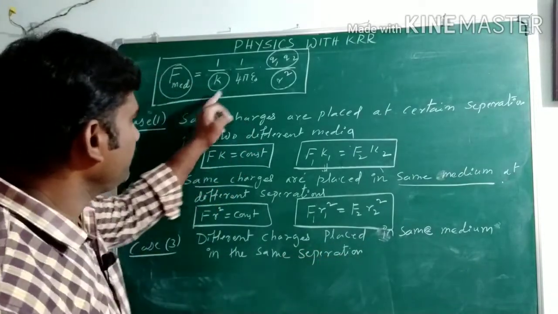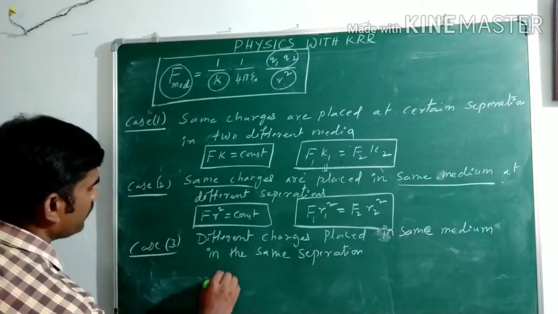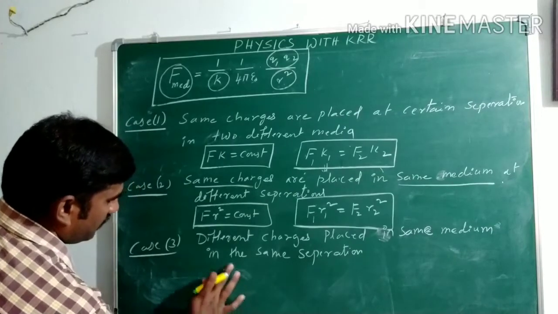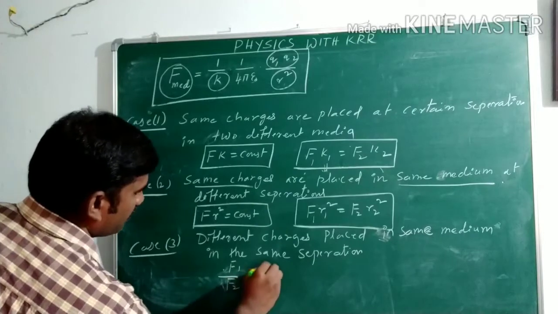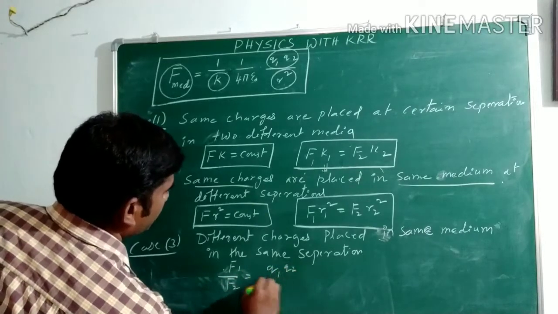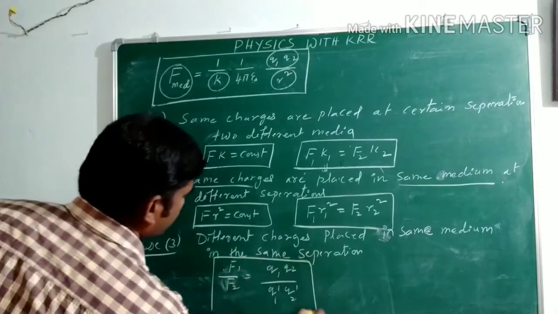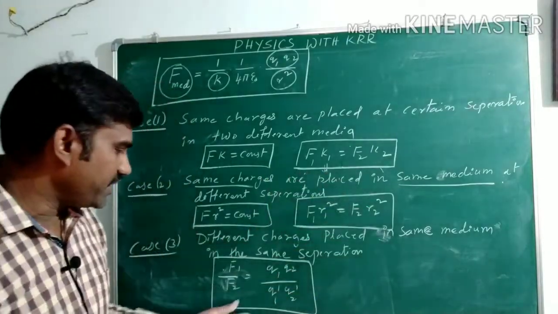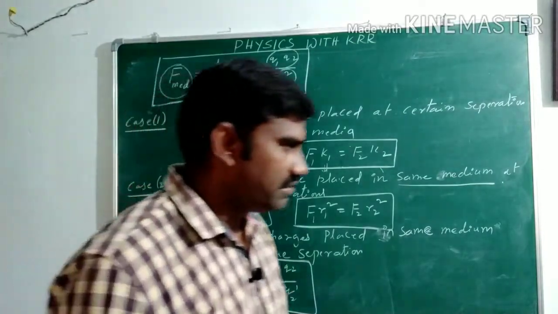So medium is same, R is also same. Then we can write F1 by F2 is equal to Q1 Q2 by Q1 dash Q2 dash. Different charges, those are the different charges we can take as Q1 dash and Q2 dash. So that relation we can write like that.